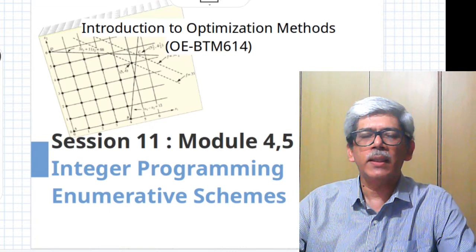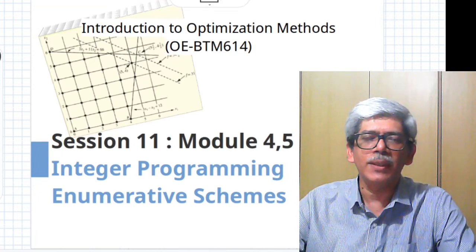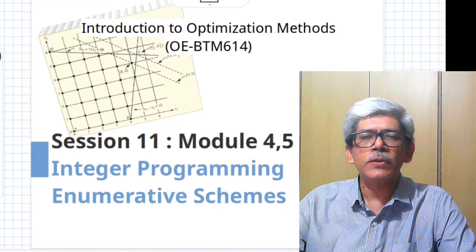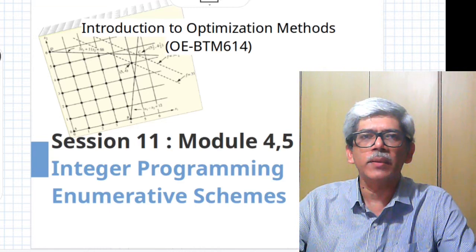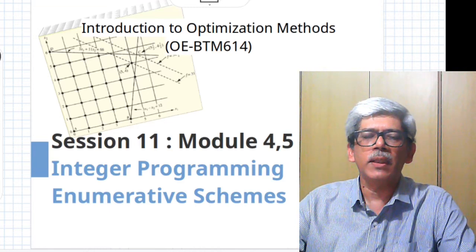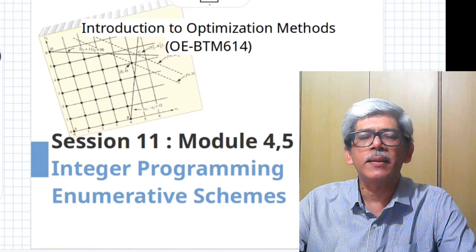The intuitive feeling that you can find the real value solution and then rounding off will not work. We will see in this session why it doesn't work. And also we will look at two important methods which are very popularly used for tackling these problems. The first one is known as the branch and bound method, which can be applied to both linear as well as non-linear integer programming problems.